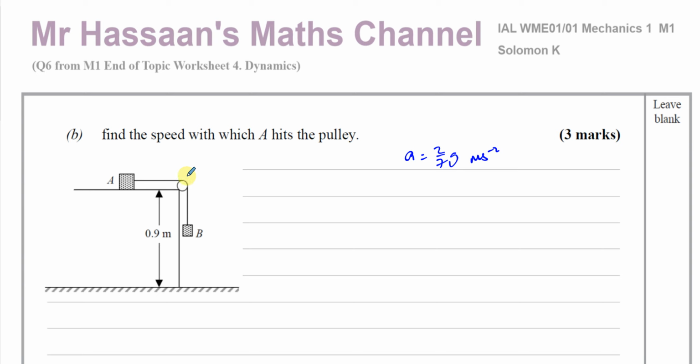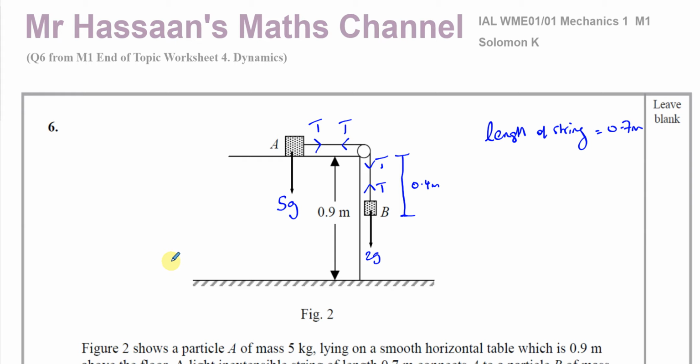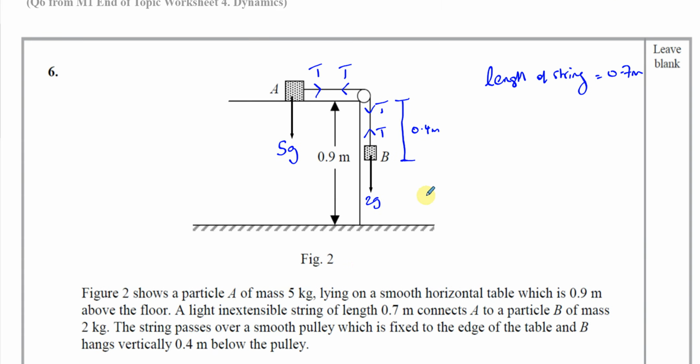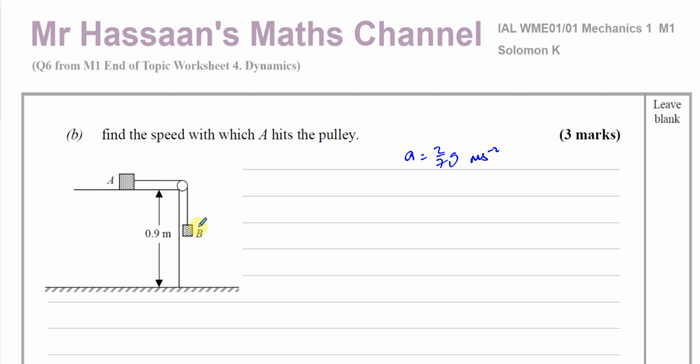Now, A hits the pulley. We know that the length of this string, as we saw in the last question, is 0.7 meters, and we also know that B is 0.4 meters below the pulley. So the length of the string is 0.7, and B is 0.4 meters below the pulley, and A is 0.3 meters from this side of the pulley.